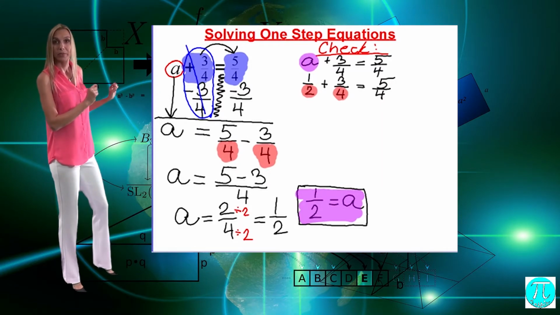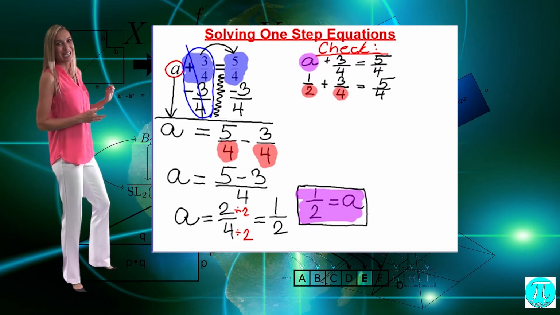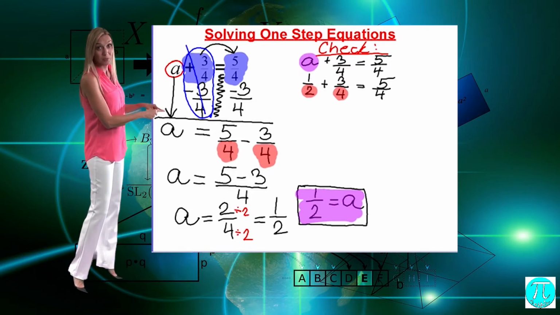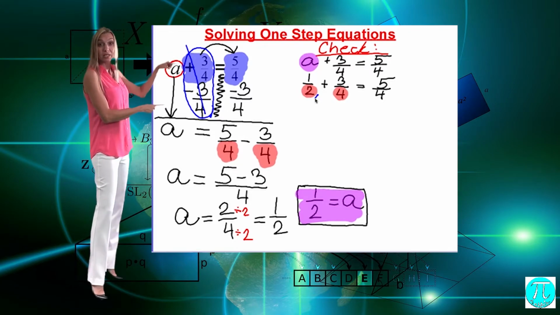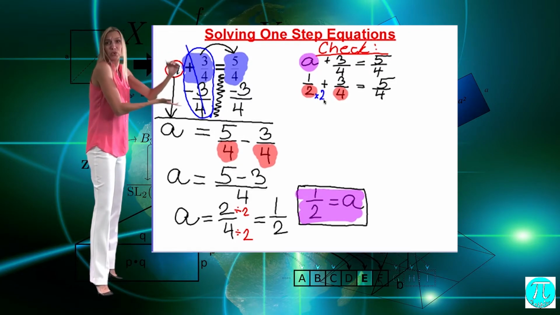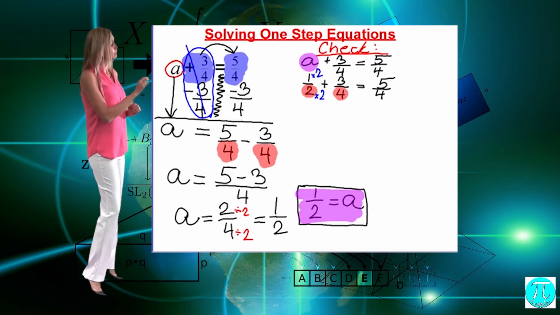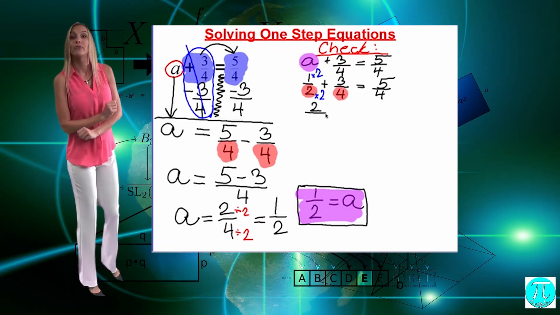Well, the only way to make 2 to be 4, I have to multiply it by 2, right? And when you multiply the denominator in a fraction, you also have to multiply the numerator, right? That's why it's always going to stay equal. So 1 times 2 is 2, 2 times 2 is 4, plus 3/4 equals 5/4.